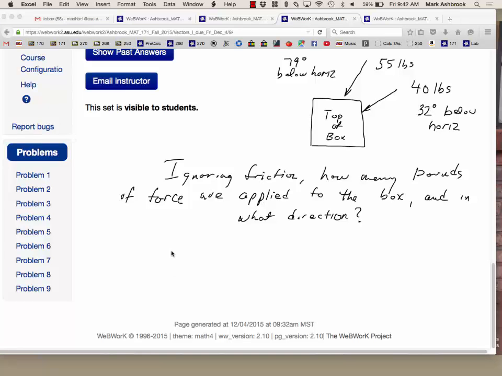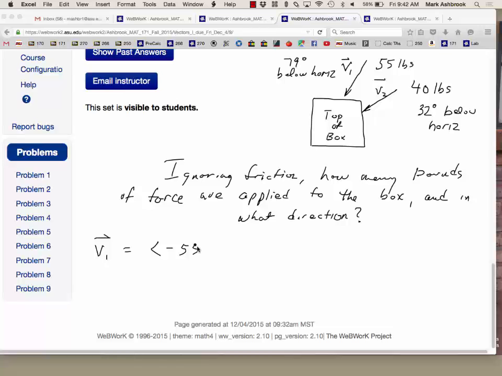Okay, so components, so we'll call this, I don't know, V1 and V2. Components for V1. So we're going to write V1. What will it be? Let's see, do we get the components for V1? Negative 55 cosine of 79, negative 55 sine of 79.